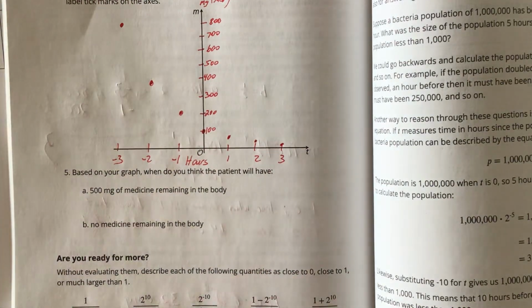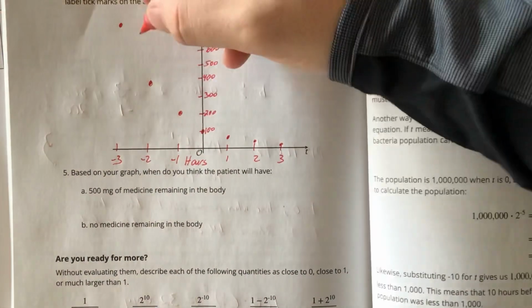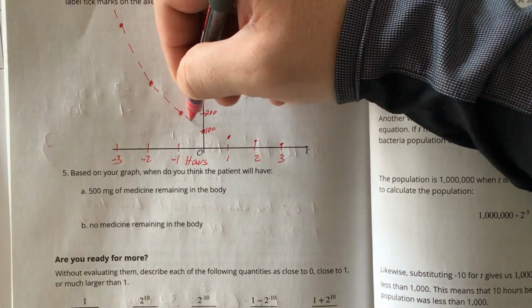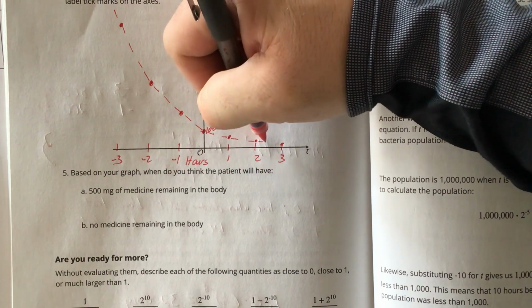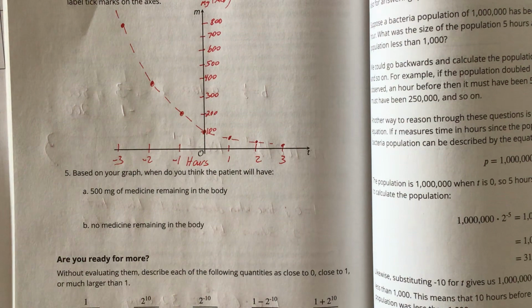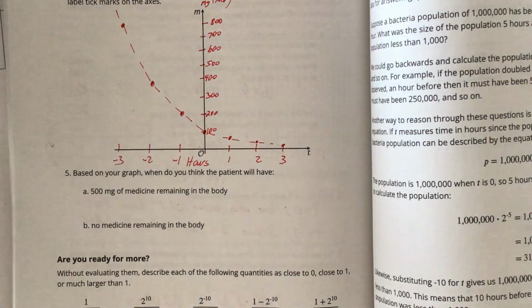Okay, so you can kind of see the curve happening there. It would be 3 hours. Half of 25. No, no, no. Oh. Remember, it's going half each time.